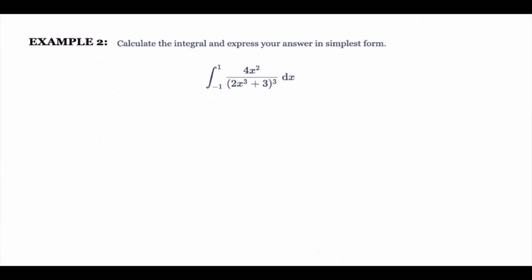I'm not even concerned about the bounds right now. Bounds don't even matter to me. I'll worry about those after I have the antiderivative. My first job is to do the antiderivative. How am I going to find the antiderivative for this?